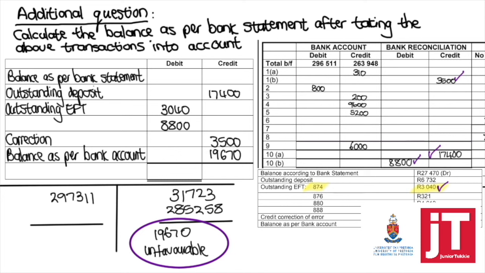Now that we've done all of that, we can total it and take the debit side minus the credit side, or the credit side minus the debit side, and you will see that the balance as per bank statement is 49,650. So that outstanding EFT of 874, we will need to investigate why it is still outstanding.